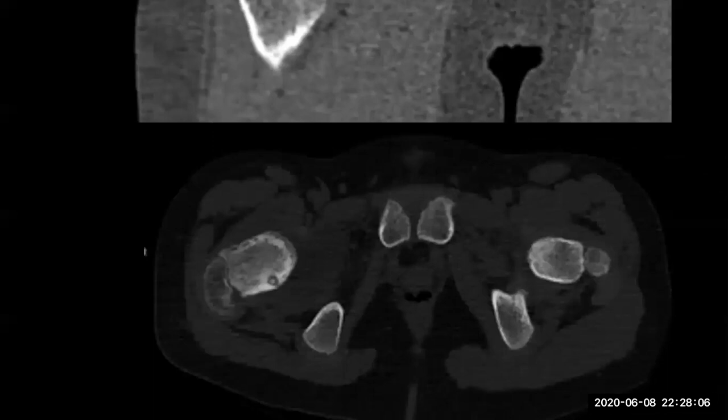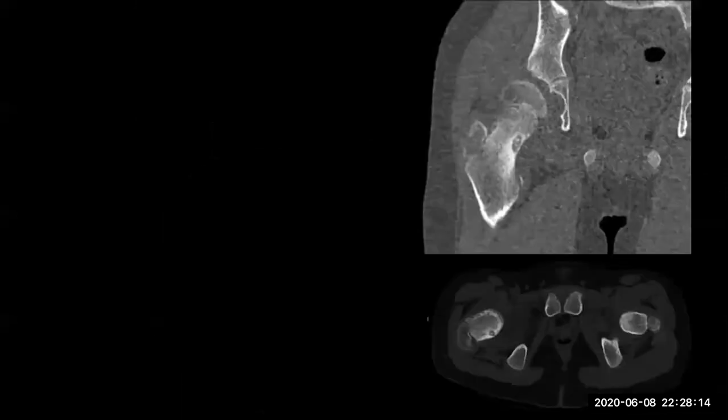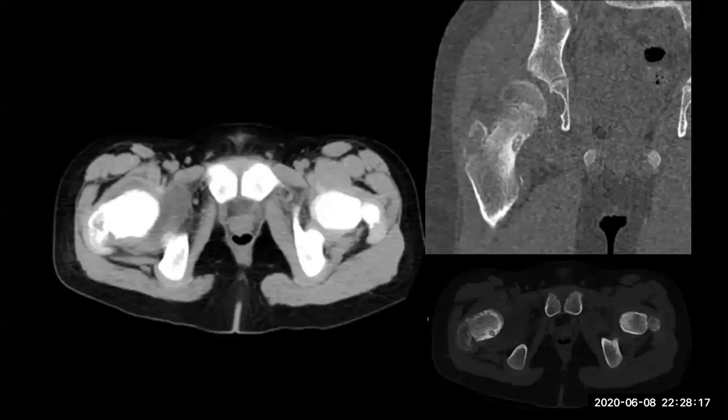There is enlargement of soft tissue around the neck of the femur. Here you see it, this is enlargement of soft tissue, and this is fluid, a reactionary fluid, joint effusion in this patient. Okay.